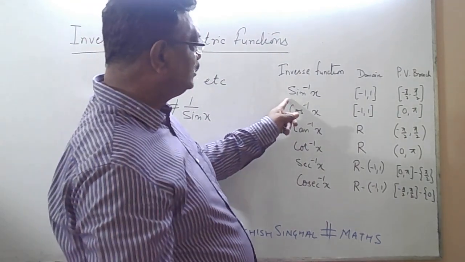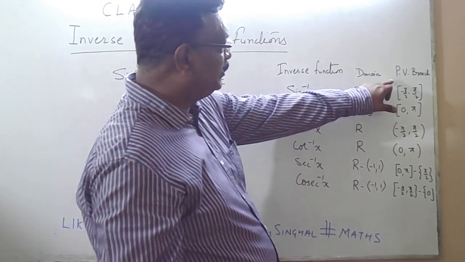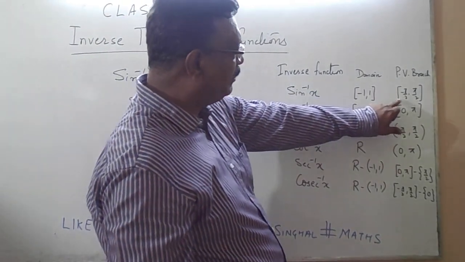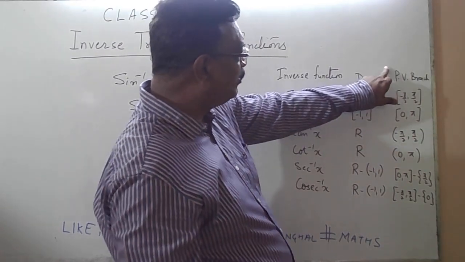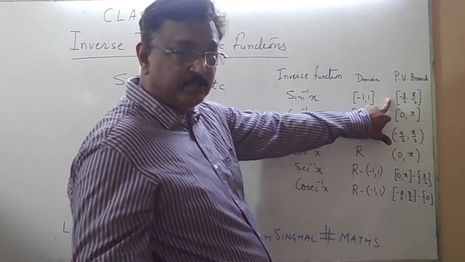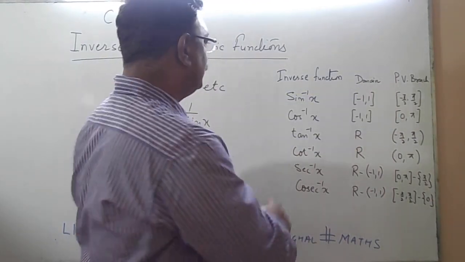Remember, sine inverse x domain is -1 to +1 and the principal value is -π/2 to +π/2 in closed interval. We need to remember principal value branches because there are questions based on principal value branches.